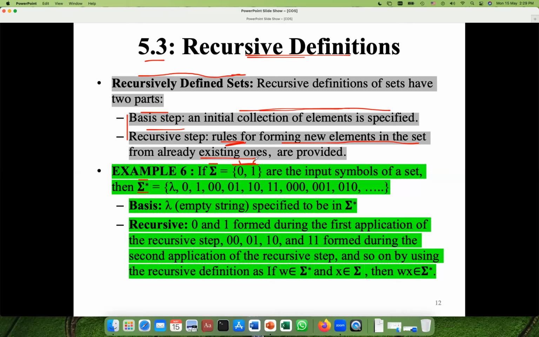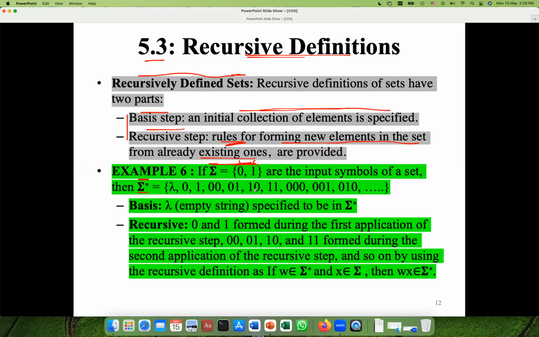If you are talking in Arabic with me, then you are saying some words, and those words are a collection of those characters. Basically, unconsciously you are using that character set. So that character set is sigma, and sigma star is your mind. You have those words in your memory, which you are throwing out.